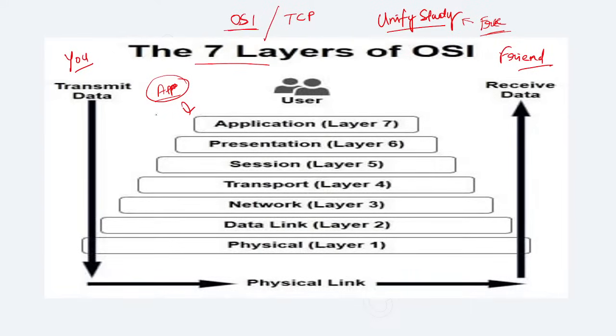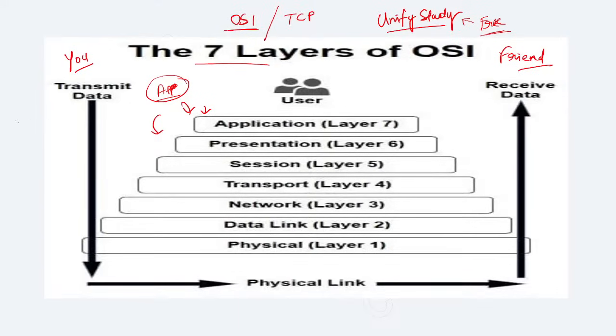So whatever app we are using, that is actually the application layer, means where I am working, what is visible to you, that is the application layer. After that, coming to the presentation layer, what is going on in the presentation layer? Presentation layer means how you are presenting the data.